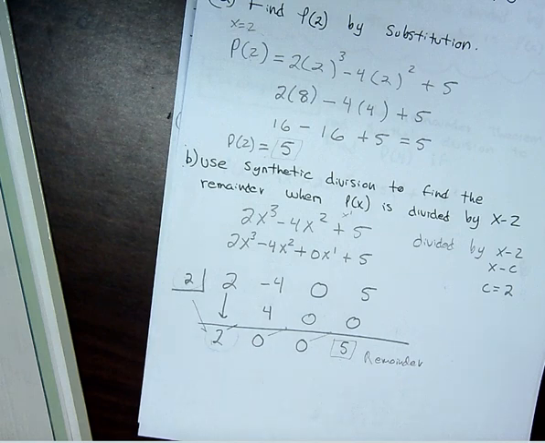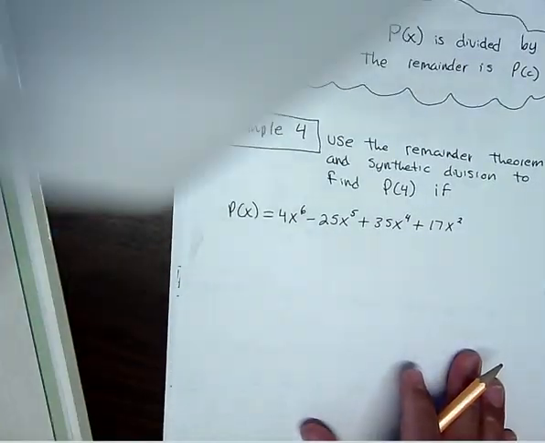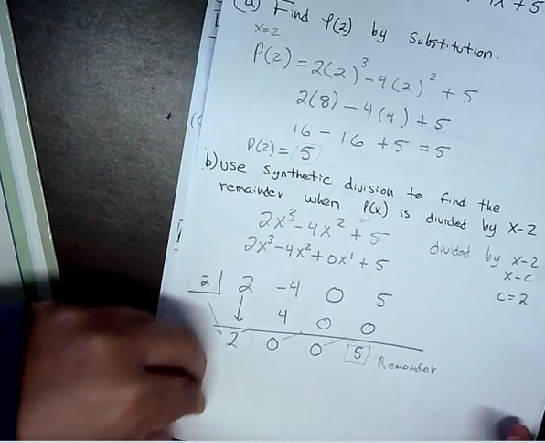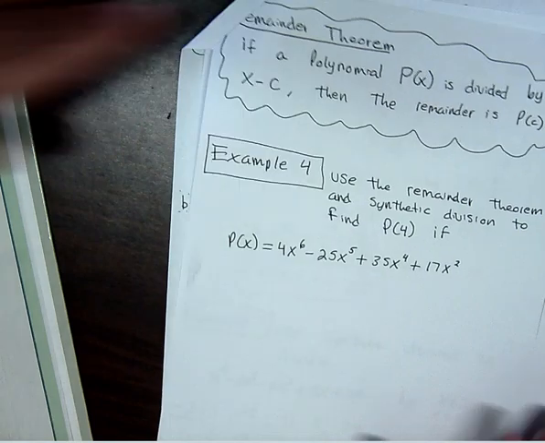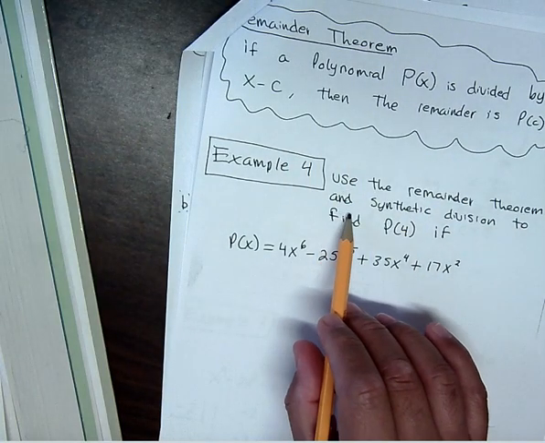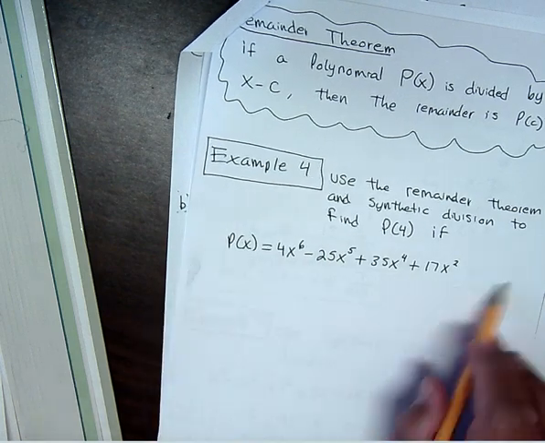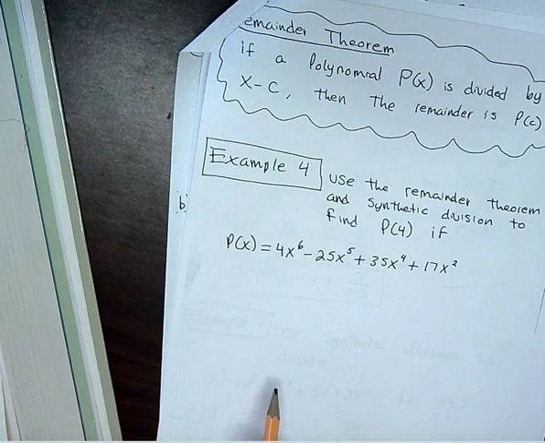So let's do example 4. Again, use the remainder theorem and synthetic division to find P of 4 if P of x equals that polynomial.